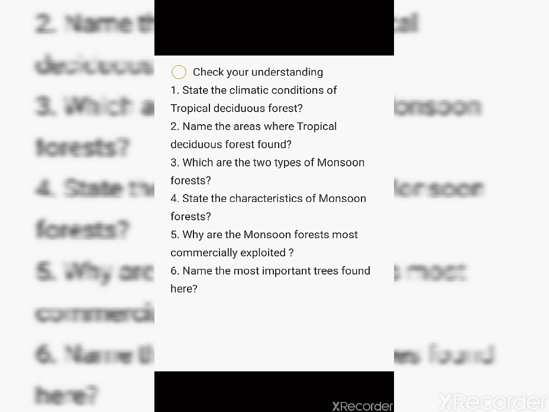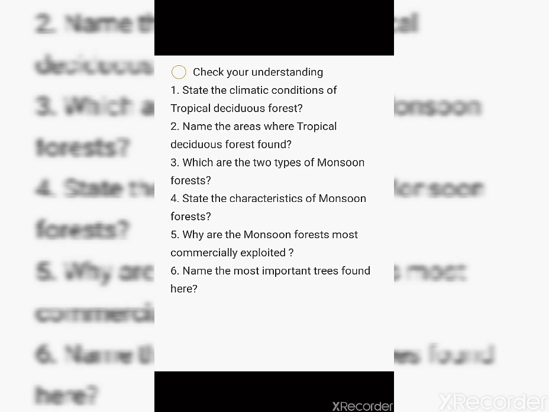Now it's time to check what we have learned from this video. So we learned about the climatic conditions, areas, types and characteristics of the vegetation, and major trees found in the monsoon or tropical deciduous forest, and why this forest is commercially exploited.